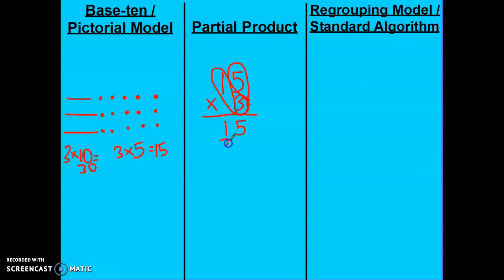In order to find my total, I need to add these 2 numbers together, 15 plus 30. Using the pictorial model, there is 15 right here in the ones place and 30 in the tens place. So 30 plus 15. And that's how I know my answer is 45. 45 apples in all.